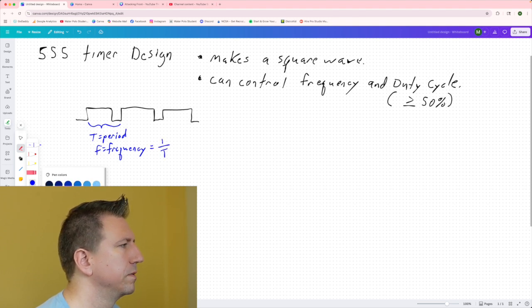Okay. We also have this time. This is time high, so that's how long it's staying at its high value. And then we have this time, that's time low.